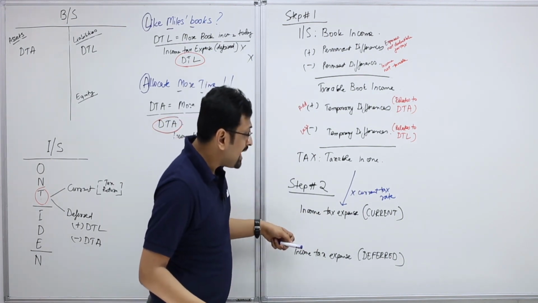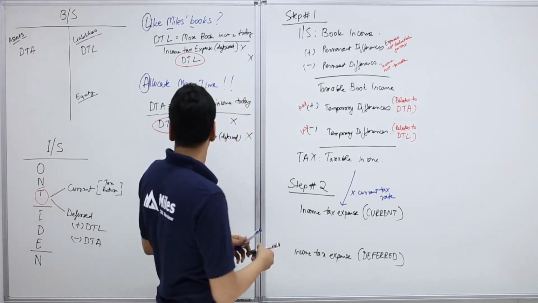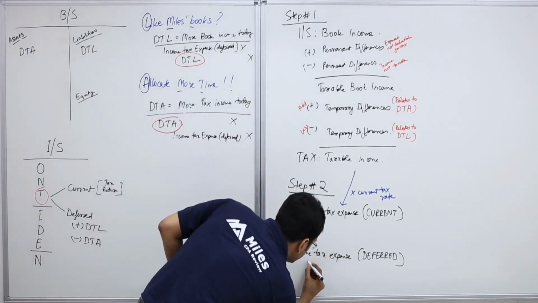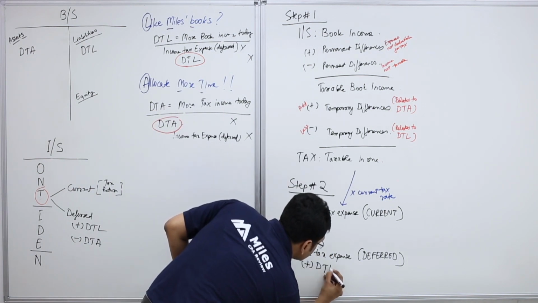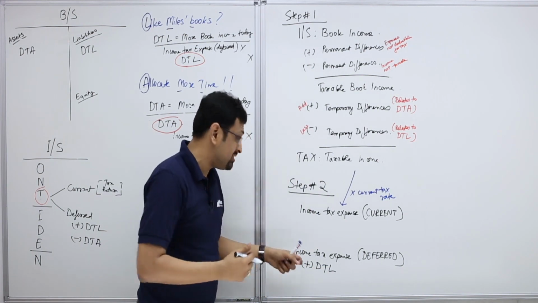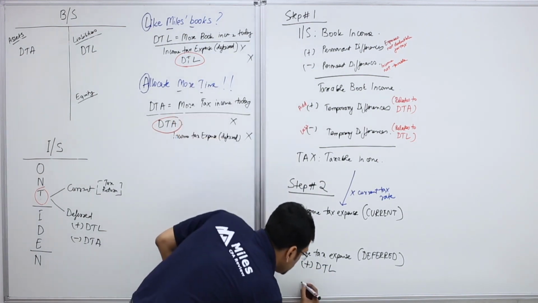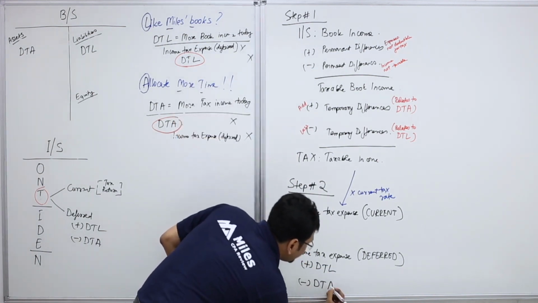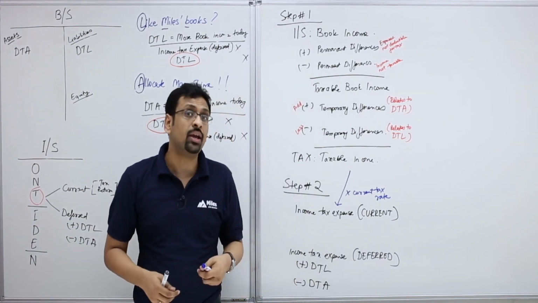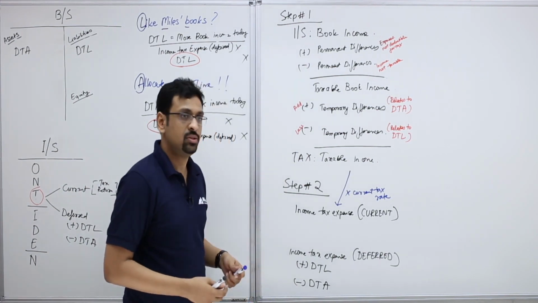Now, for income tax expense deferred, we are looking at both deferred tax liabilities and deferred tax assets. So it's going to be plus deferred tax liabilities, because it's something like income we've earned today, but we haven't paid the taxes. We've got to increase the expense. Deferred tax assets, that means we have not yet earned the income, but we have prepaid the taxes.